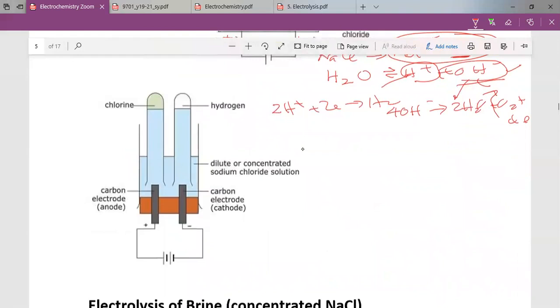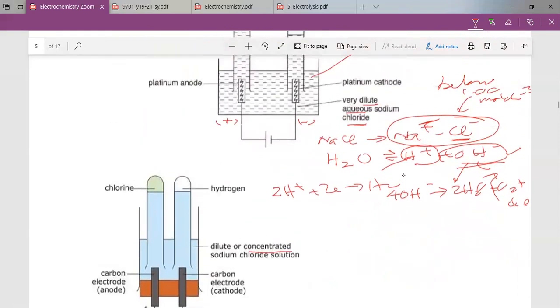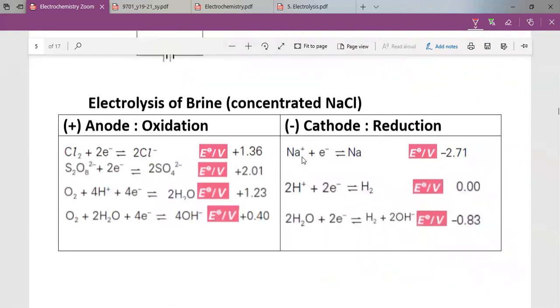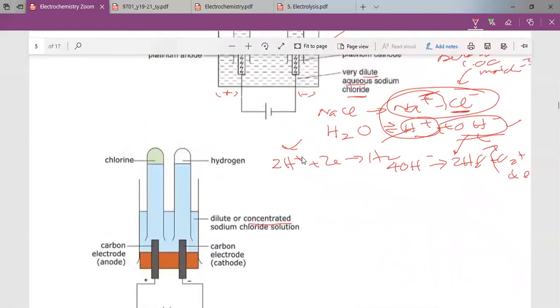So in Form 5, if it's concentrated, for this case here, the hydrogen is still given out, but here the Cl- is given out.